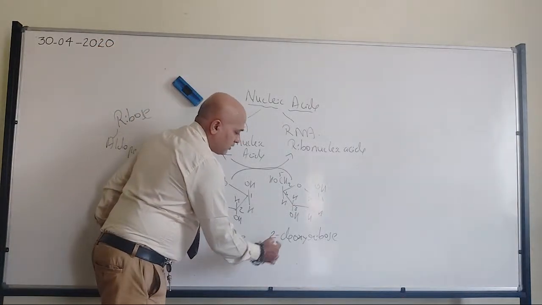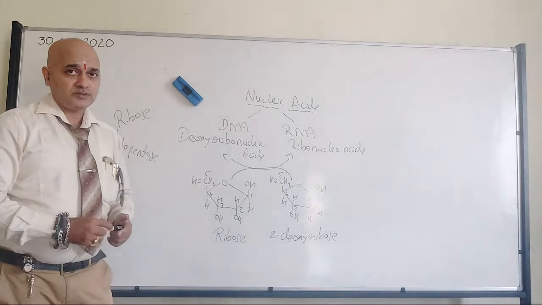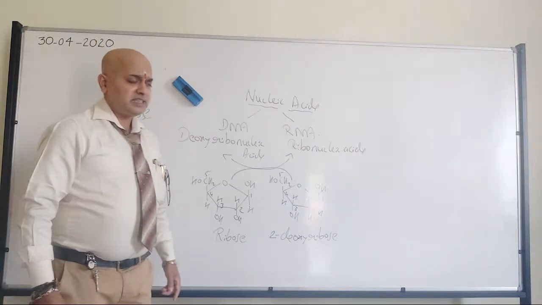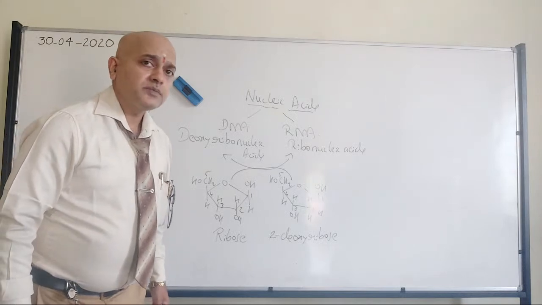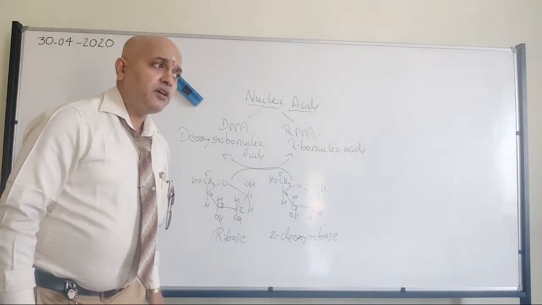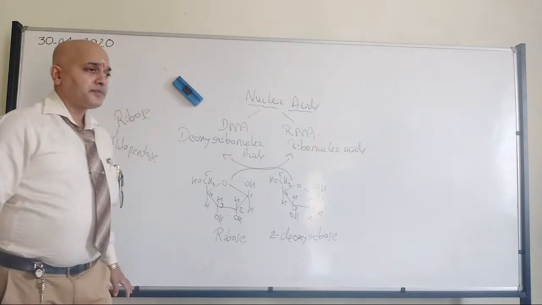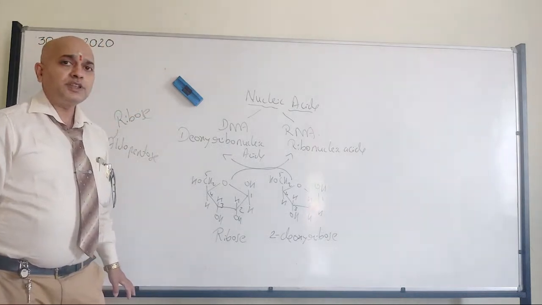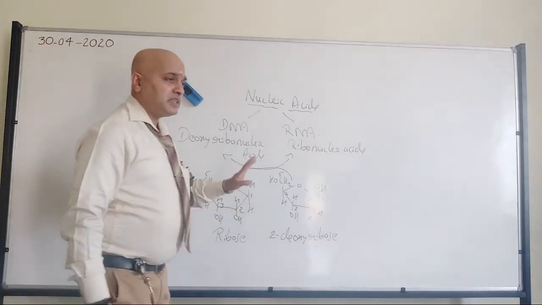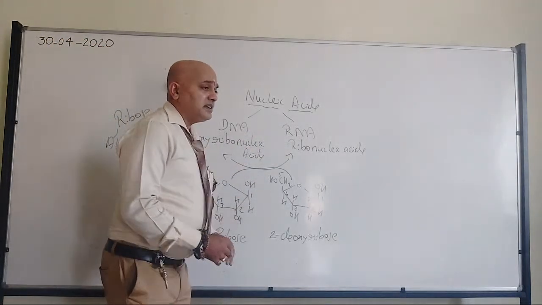Therefore we can call it 2-deoxyribose. All of you have understood? Any doubts up to here? So that's where we have this with respect to RNA and DNA.